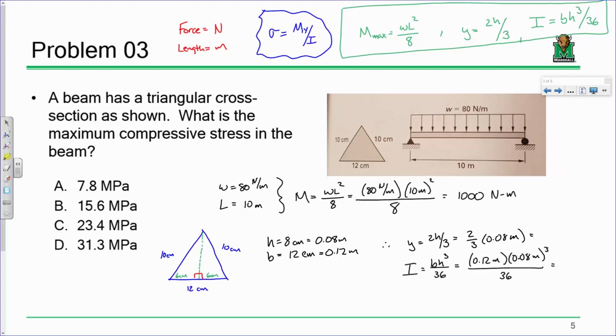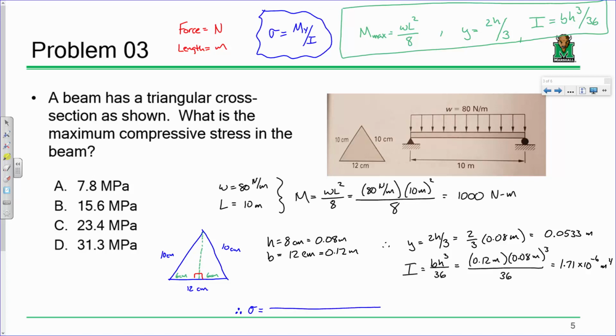Okay, so what's y? That was 0.053 or 0.0533 meters. And then this one, that's going to be tiny. That's 1.71 times 10 to the minus 6 meters to the 4th. Boom. So therefore, maybe I'll do this in a different color ink so it sort of summarizes.